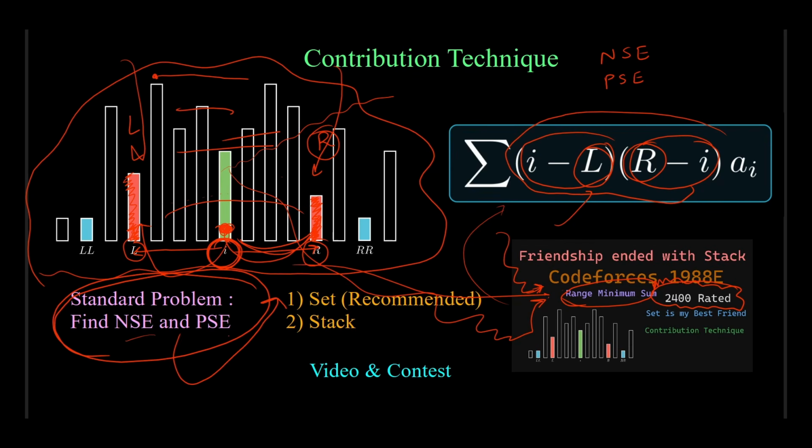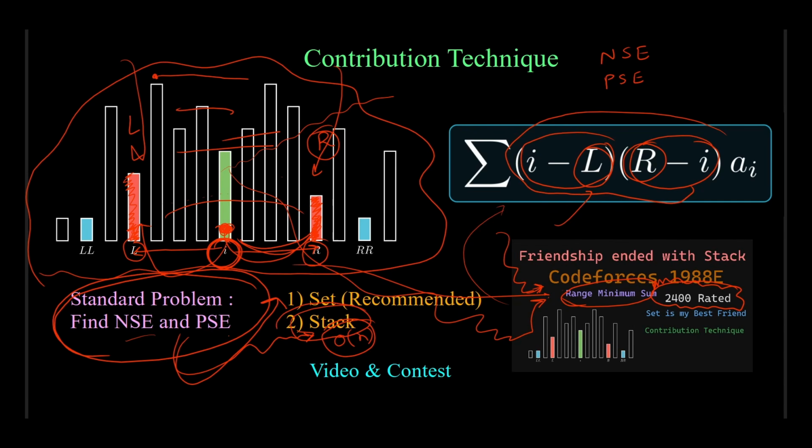One is with set, which is very easy to implement, very easy to remember, very versatile, can solve a lot of problems. And then it also has the stack variation, which a lot of people prefer, but not me personally, because even though the stack version is neat, with time complexity O of n, every 3 to 4 months I keep on forgetting the stack based approach.